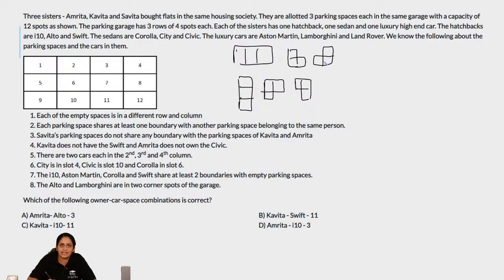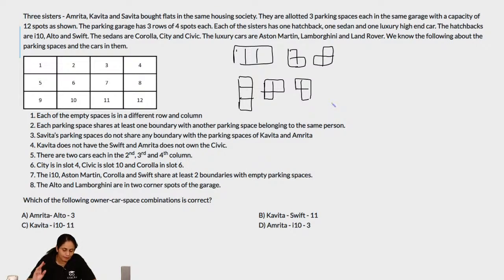Why is it this way? Because each of the blocks has to share a boundary wall, which means that the blocks have to be contiguous. And if you take a set of 3 blocks and they have to be contiguous, these are the only shapes that you can possibly form. You can't have just corners touching. Okay. So these are the possible ways in which the parking spaces can be there for each of the sisters as such.